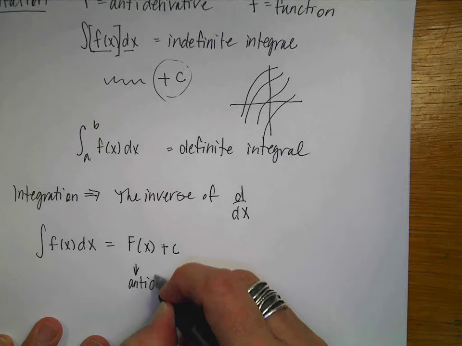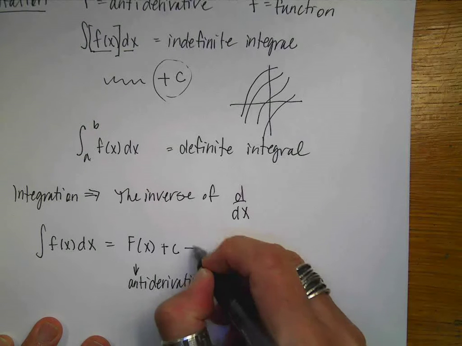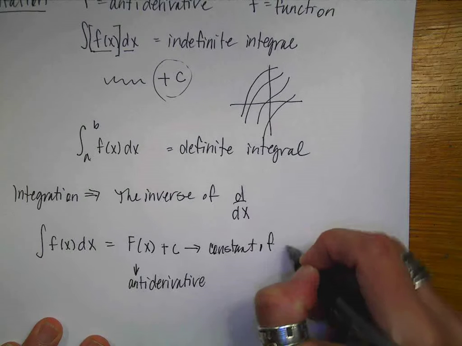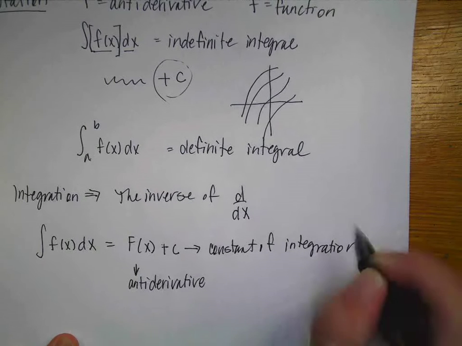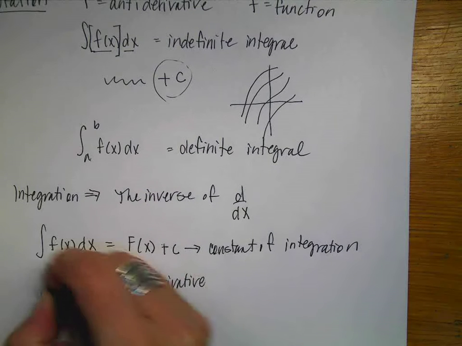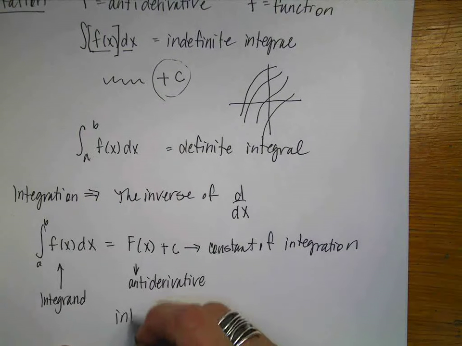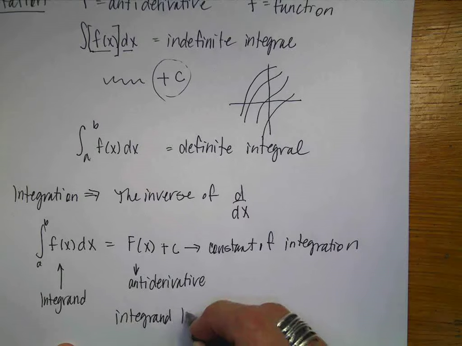This is your antiderivative. This is called the constant of integration, and we talked above about what that constant of integration does. And this is called your integrand. And then if I had a and b, those would be your limits.